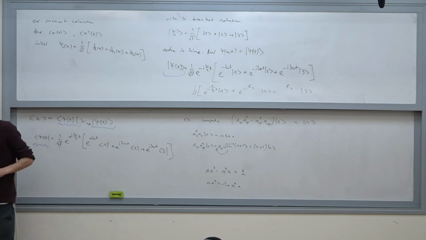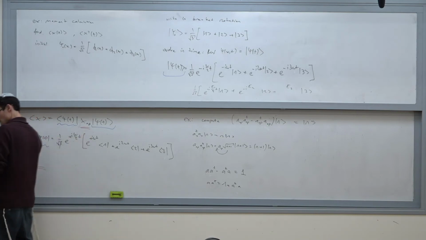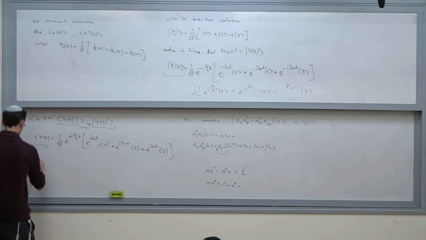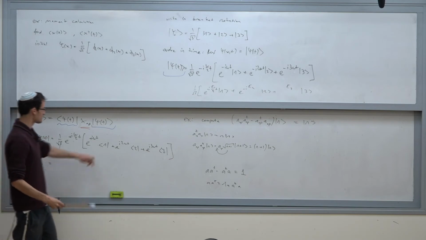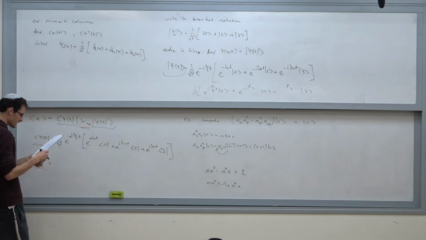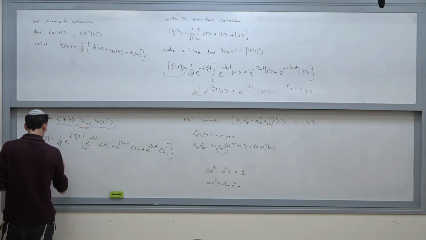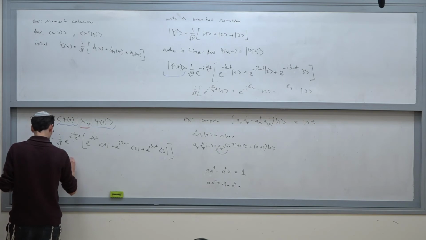And the third term is the X operator. But since we're already working in the basis of 1, 2, and 3, so in the energy eigenstates, we're going to express the X operator in terms of A and A dagger. That's what this lesson is all about, obviously.